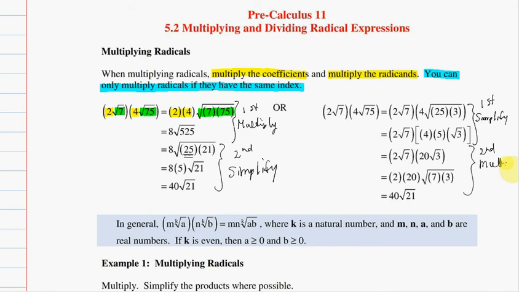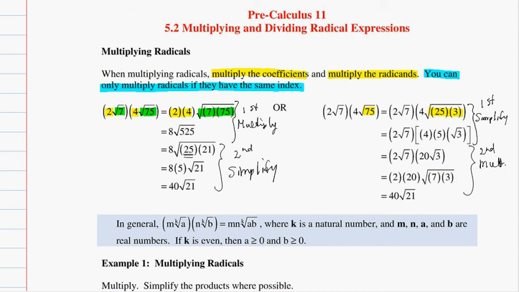Okay, so we're going to simplify the root 75, and 75 is 25 times 3. We can square root the 25 and we get 5, which we multiply by the coefficient of that radical, so 4 times 5 is 20. So now we've simplified. We have 2 root 7 and 20 root 3.